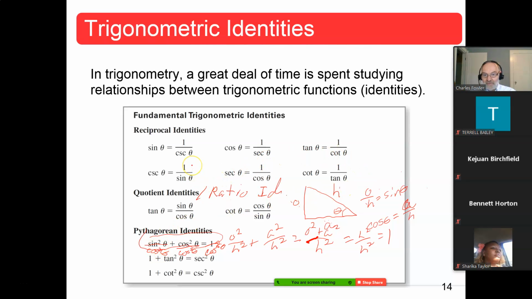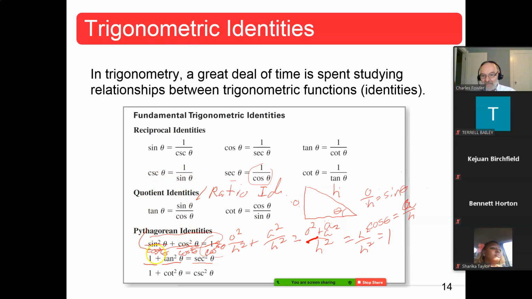From up here, sine over cosine is tangent, so sine squared over cosine squared would be tangent squared. What is cosine squared over cosine squared? That's the same thing over itself. That's 1. 1 plus tangent squared is equal to, what is 1 over cosine squared? 1 over cosine is secant, so that would be secant squared. So this one comes directly from this one. 1 plus tangent squared is secant squared.